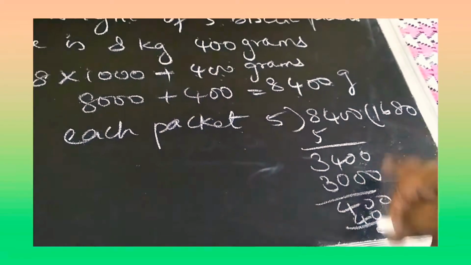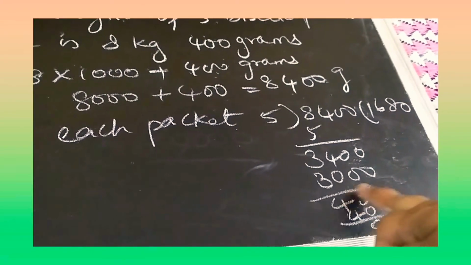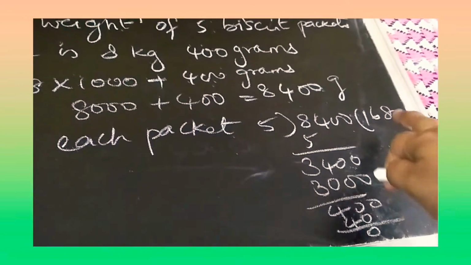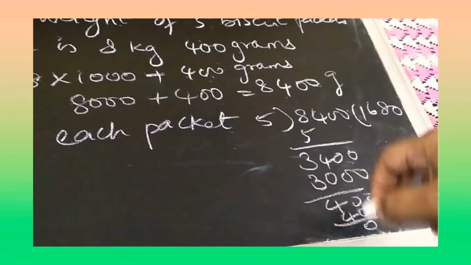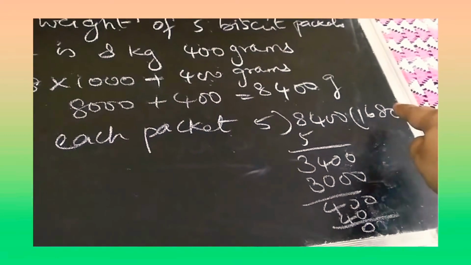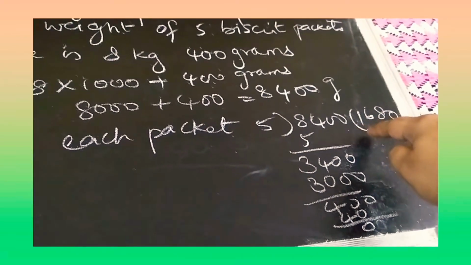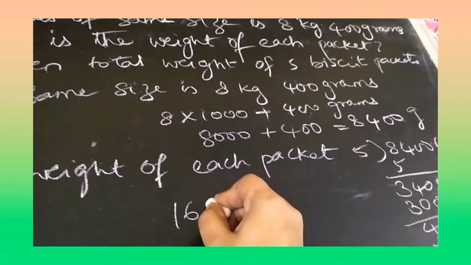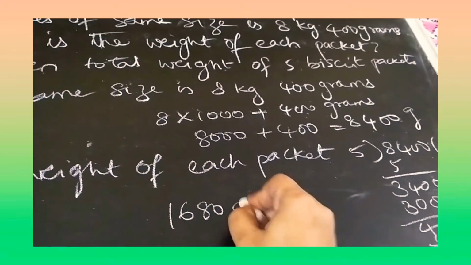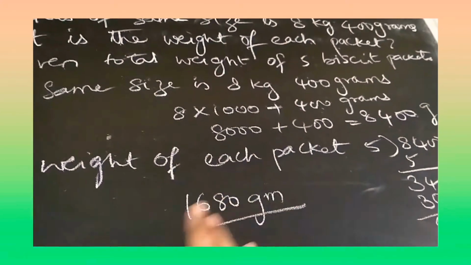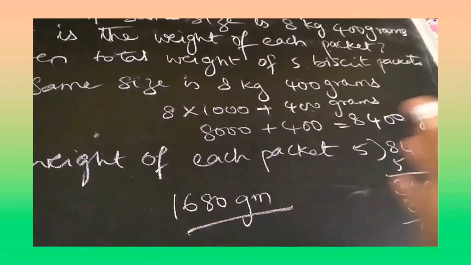So again 5 8s are 40. So 40 minus 40 is 0. One 0 is left here now. You have to write this 0 here. If the answer comes in 2 zeros, you have to take 1 zero here. So it is 1680. 1680 grams. So the weight of each packet is 1680 grams.